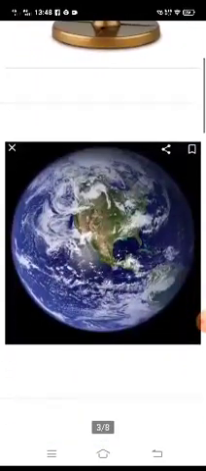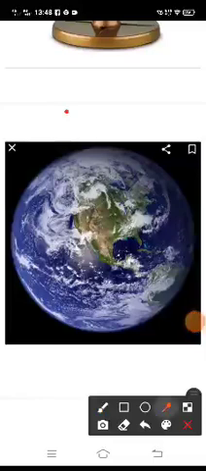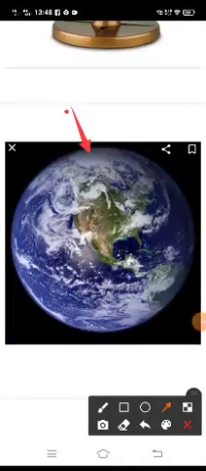So let's have a look on a map, earth. So bache, this is earth. You know, the upper tip of the earth, this is called the North Pole, and the lower tip of the earth is called the South Pole.